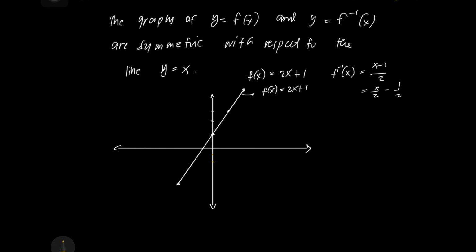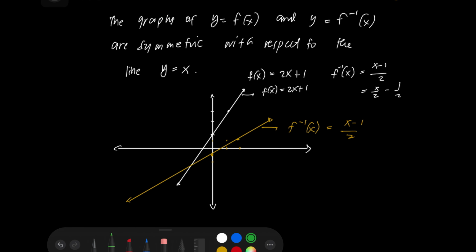And then rise is 1, run is 2. You have 1, 2 here. So we connect these points here. This one here is the inverse function, which is (x minus 1) over 2.